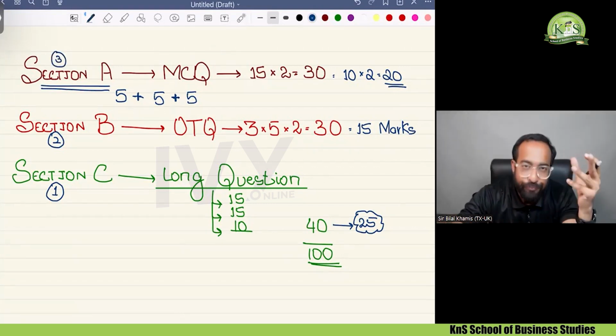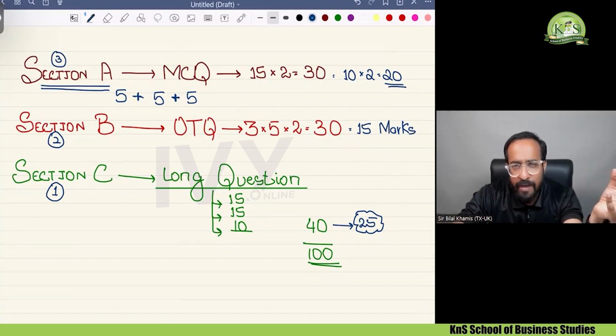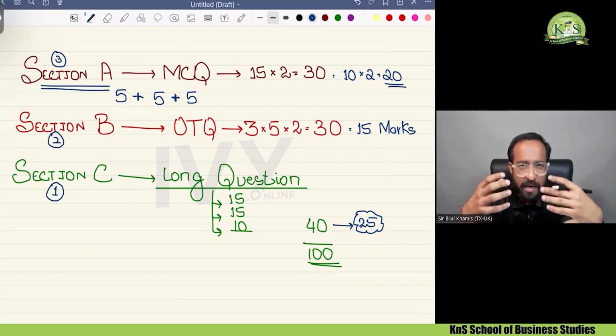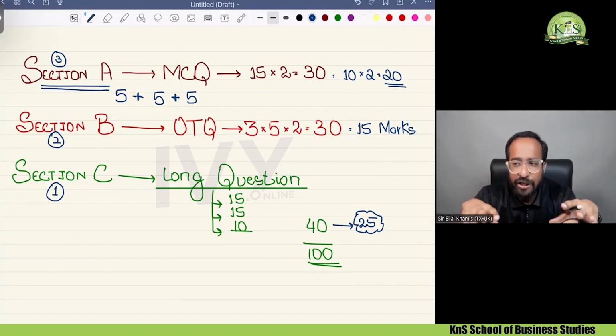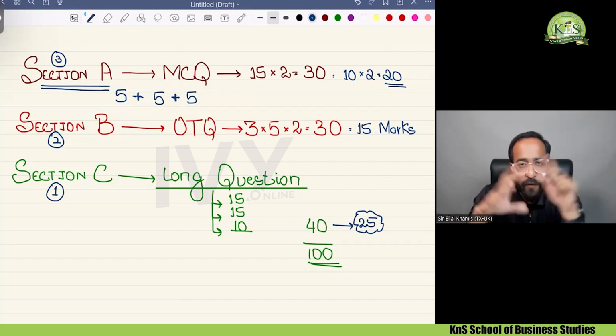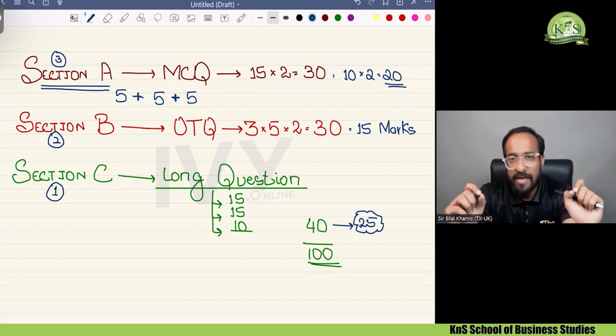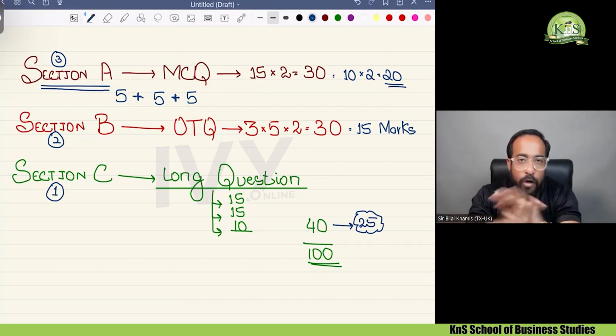This strategy can be used for other papers, but it depends on you. If you want to go for section A, you can. But in section A and section B, if you select the correct option you will get marks; if you don't select the correct option, it does not matter whether you have done the working or not, you won't get any marks.